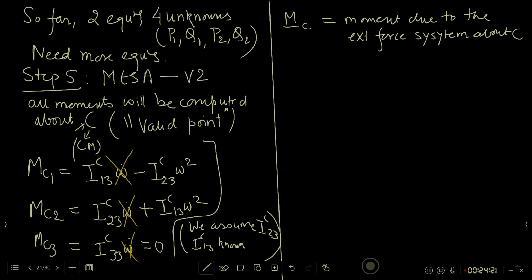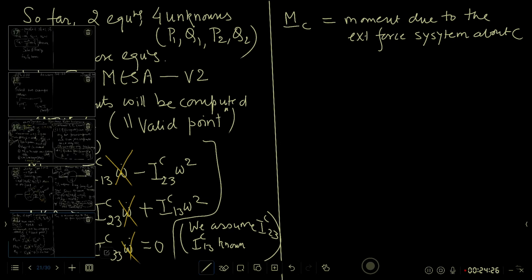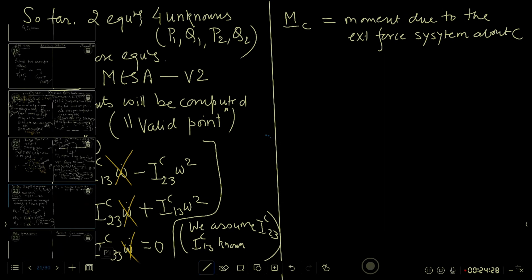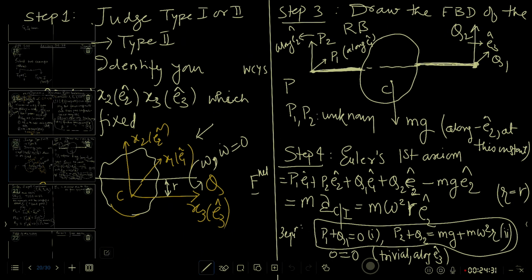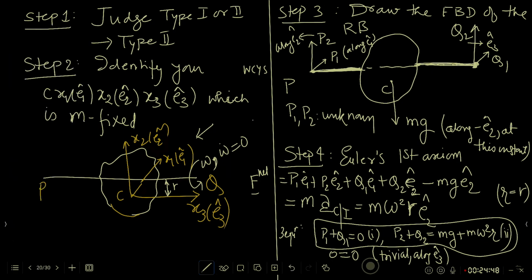Let's look at the FBD. What all will contribute to the moment about C? Mg is not going to contribute anything. Mg is passing through C. P1 and P2, Q1 and Q2 will indeed contribute moments. And while I try to write the expression of that net moment, we will have P1, P2, Q1 and Q2 appearing there, obviously, because these are the forces which will contribute to the moment.